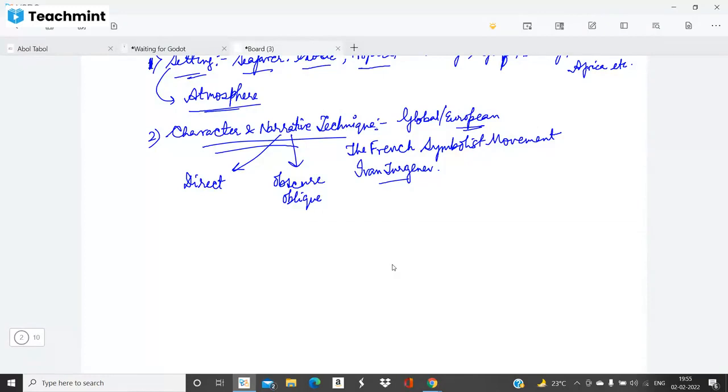And he has a very original style. He uses English intonations to create a very lulling embellishment in his language. And his characterization is very, very bold. He uses several kinds of characterization, like when he is picturing the natives of Africa in Heart of Darkness, his characterization is of one type.